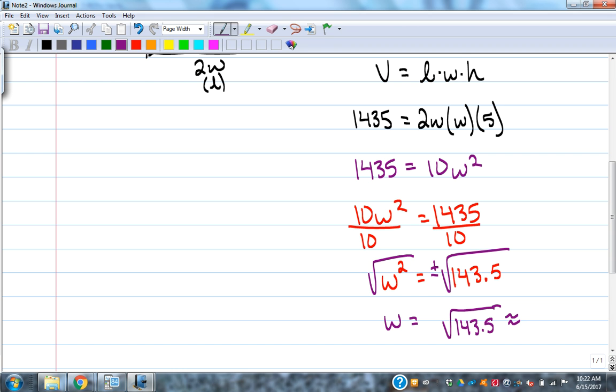I'm only going to get an answer that's positive or negative. Should I get a negative answer on this problem? Why not? That's exactly right. It's a measurement here. So we throw out the negative part on the square root and just get the square root of 143.5.